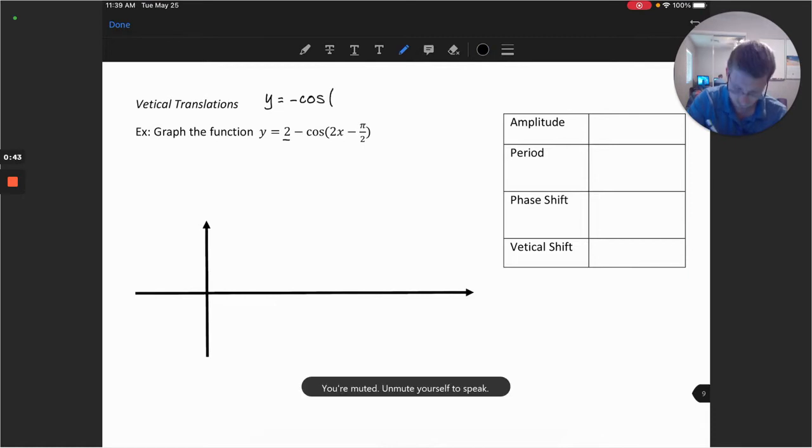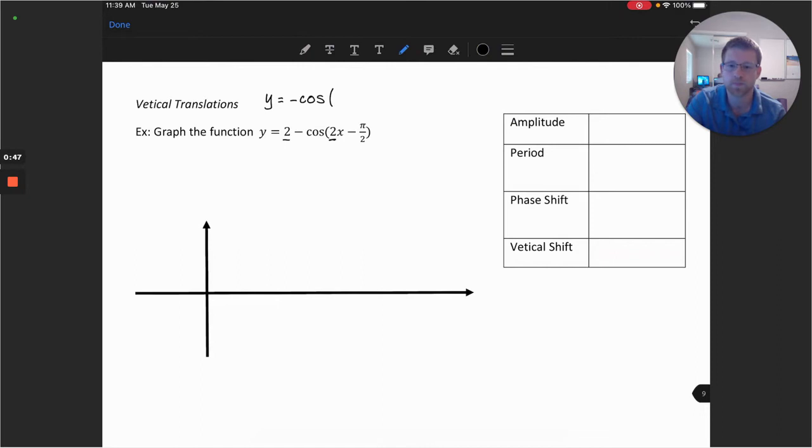I'm going to factor out the 2, that b value that's inside the cosine. It'll have x minus pi over 4. And then we'll have a plus 2. So notice that this 2 here is positive. I'm just bringing that to the back of the equation.